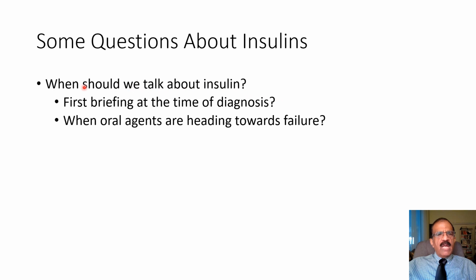If you have not done it then, when you see that orals are heading toward failure, not when they actually fail, when you can see that we have to increase oral agents and we are going to almost the maximum dosage and the patient's A1C is not exactly at goal, that is the time we start talking about insulin.